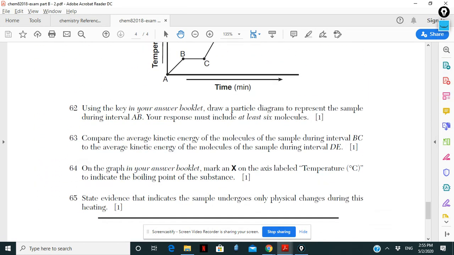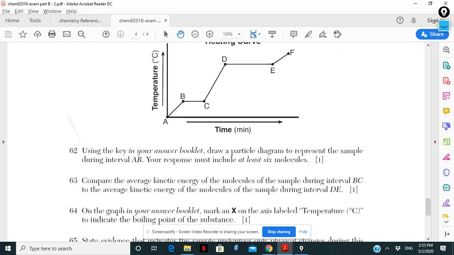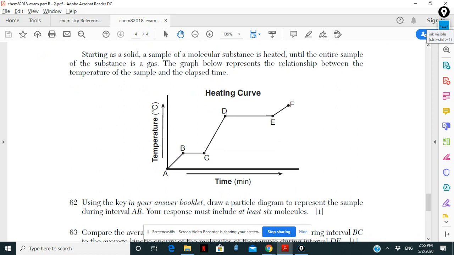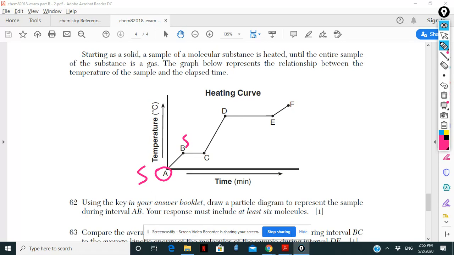Now, questions number 62 through 65. Starting as a solid sample. So now we have a solid sample. That's at the beginning, until the entire sample is gas. So that's a curve. So here it was solid. After that, solid and liquid. In that case, it's going to be liquid. After that, it's going to be liquid and gas, finishing by gas.